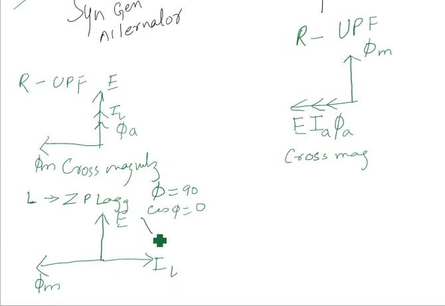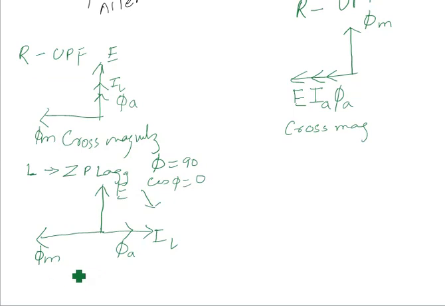Lagging means you have to go in the anti-clockwise direction. So it lags E by IL, right? And then what happens with phi A? This phi A is actually demagnetizing in nature.